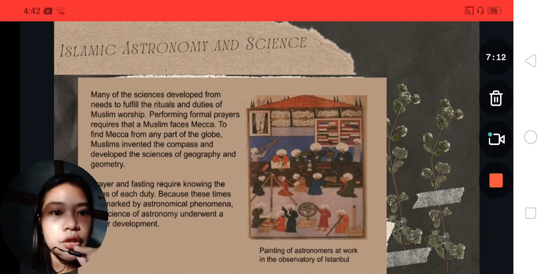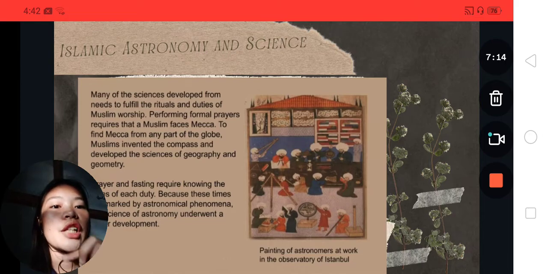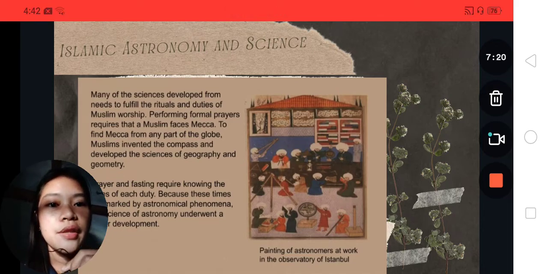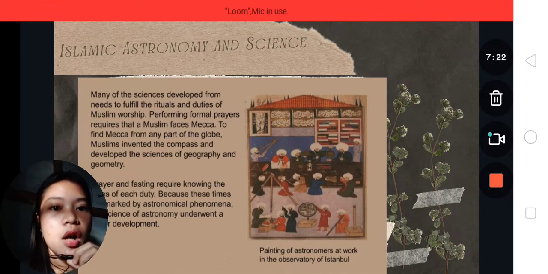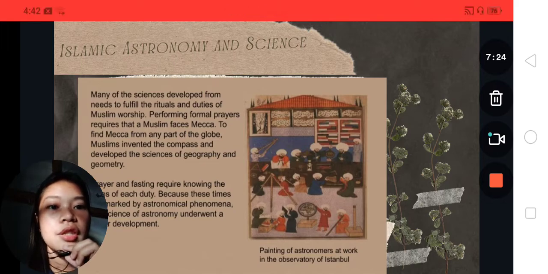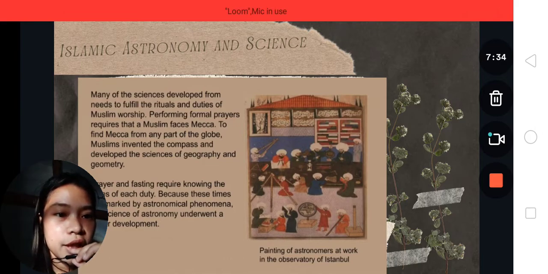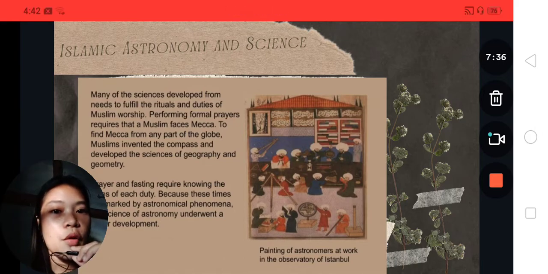The fasting period required knowing its duties because these times are marked by astronomical phenomena, and the science of astronomy underwent hard development. Astronomers at work in the observatory of Istanbul.